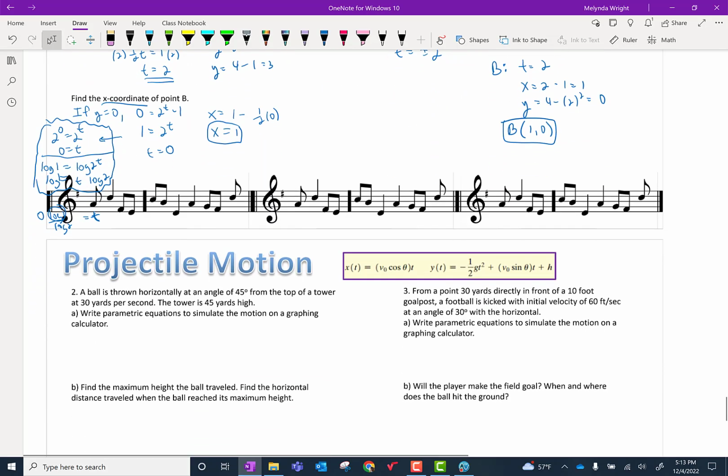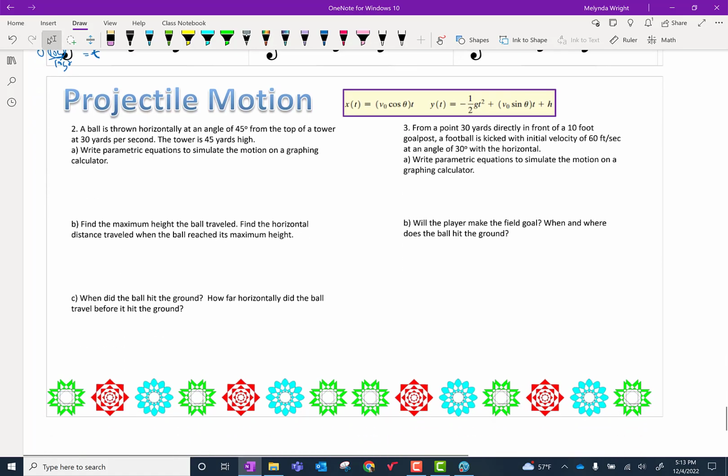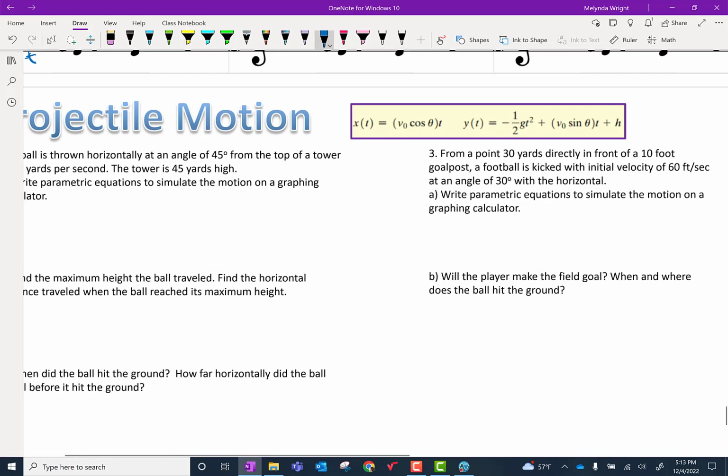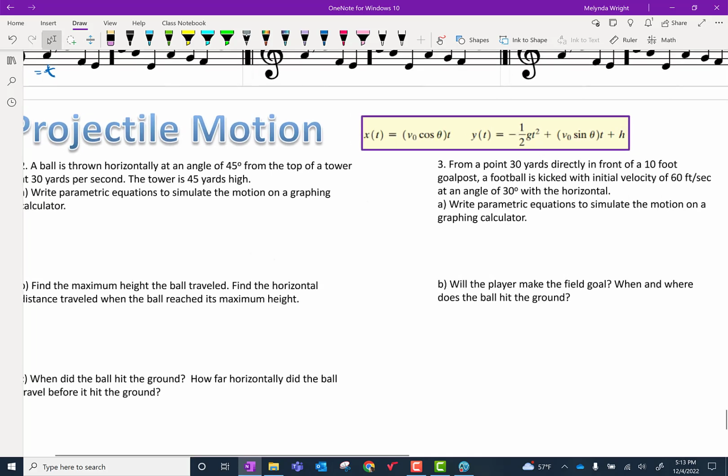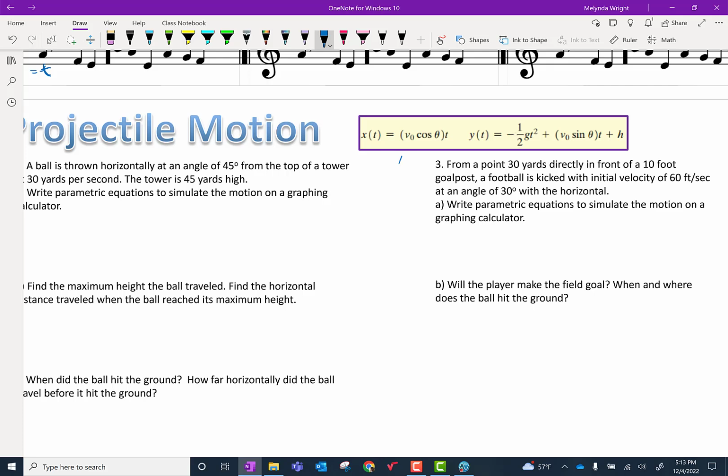So this is particle motion, and we have two equations. You will not have to memorize these equations. They will be given to you. They're up here in this pink highlighted box with purple around it. So they're parametrics, right? We have an x equal and a y equal. V naught, V with the little y, 0 down there is called V naught.